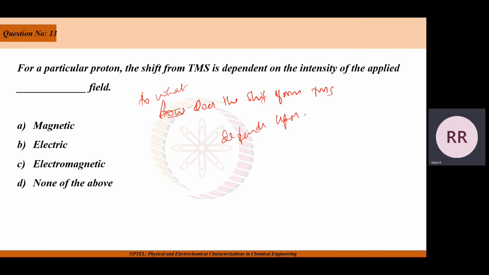Okay, now I can explain the answer. For a particular proton, the shift from TMS depends on the intensity of the applied dash field. Is it the applied magnetic field, the applied electric field, the applied electromagnetic field, or none of the above? The answer to this question is the applied magnetic field.